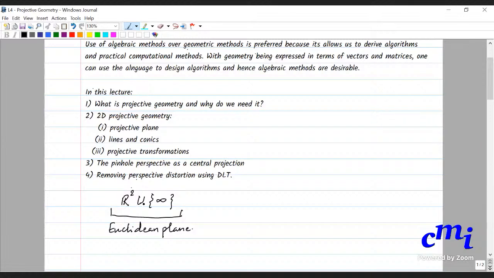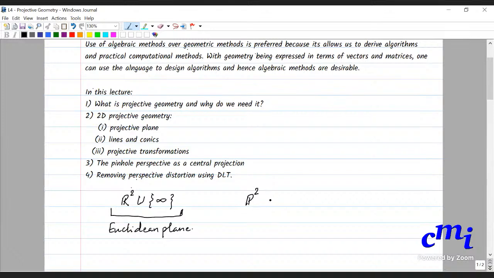So you have all points here, x comma y, and you have the special point here. Instead of having these two kinds of points, what projective geometry seeks to do is call these points at infinity also part of the set. So from R2 union infinity, you define the projective space P2. What is projective space?